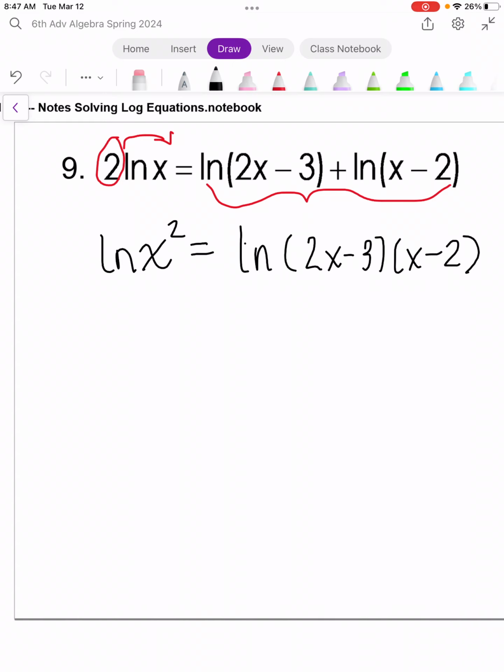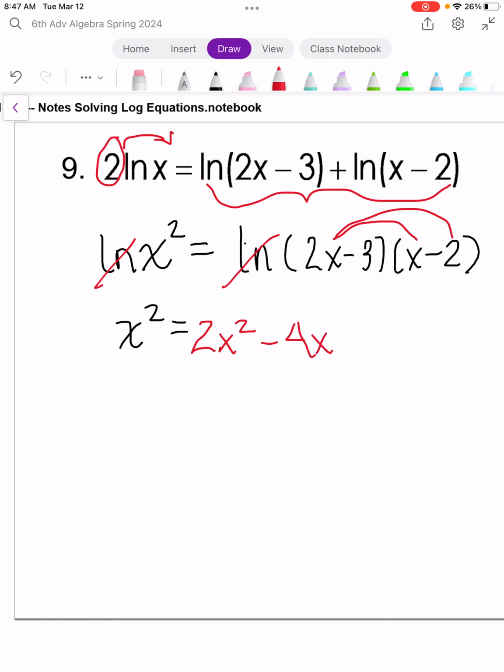Now I have a natural log of something equals the natural log of something, so I can get rid of my natural logs. I have x squared equals, on the right-hand side, I'm going to multiply this out: 2x squared minus 4x minus 3x plus 6. I have a quadratic, so I'm going to factor. That's the way I like to do it.